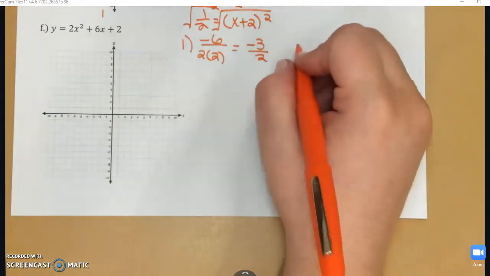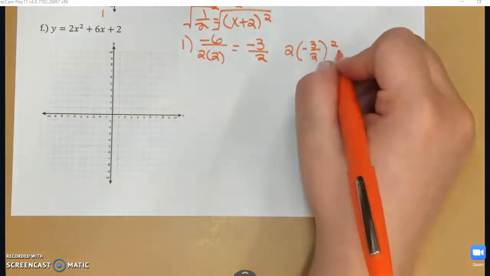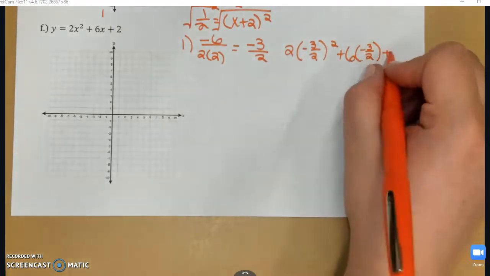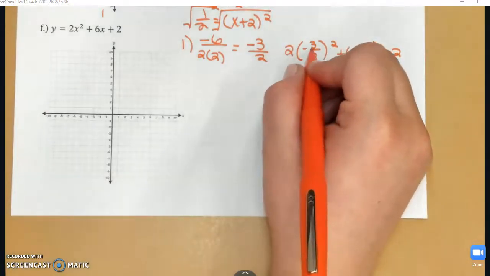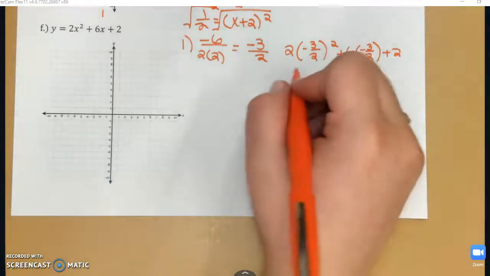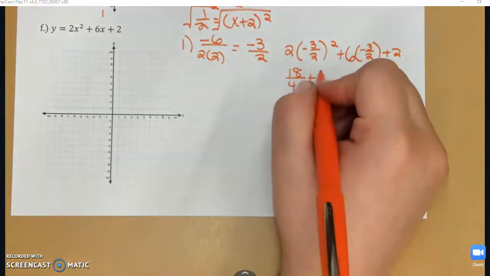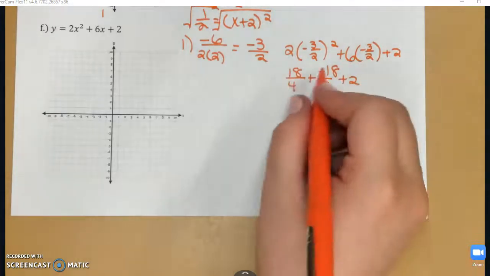Then when I plug that in, I'm going to get 2 times (-3 over 2) squared plus 6 times -3 over 2 plus 2. So that is going to be 9 over 4 times 2 gives me 18 over 4 plus -18 over 2 plus 2.